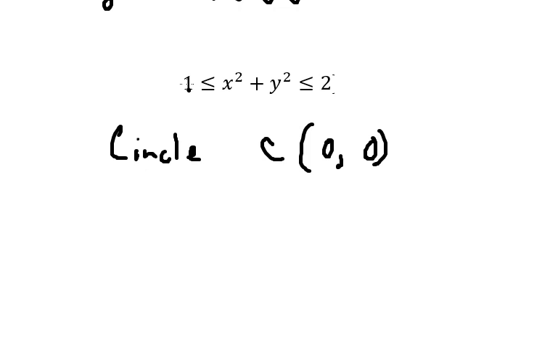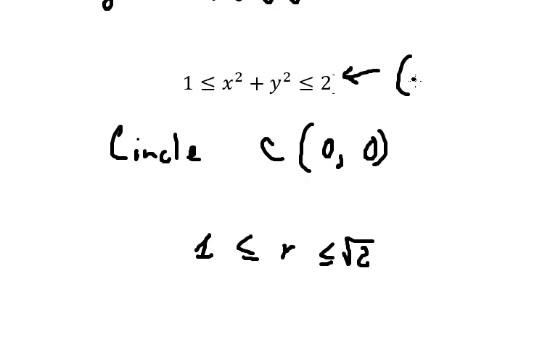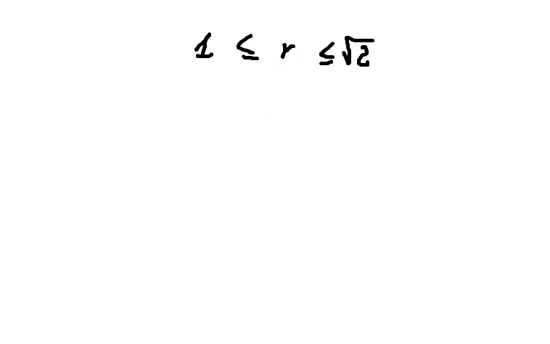And we know that the radius should be from 1 to the square root of 2, because 2 in here is the square root of 2 to the power of 2, and this one is 1 squared. And now we need to graph the region in here.